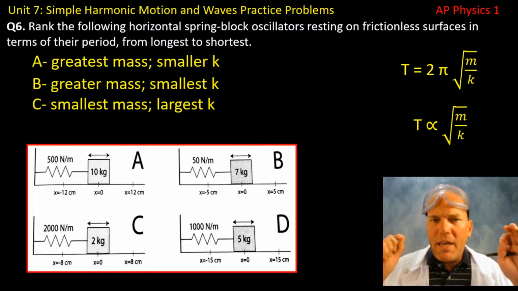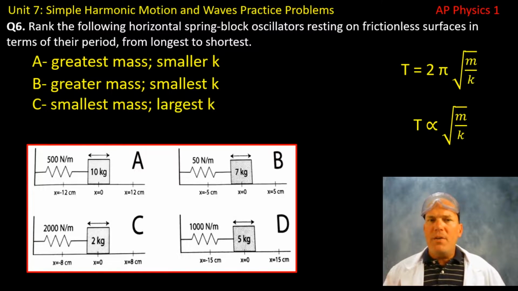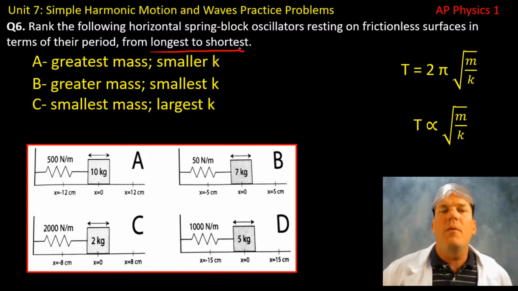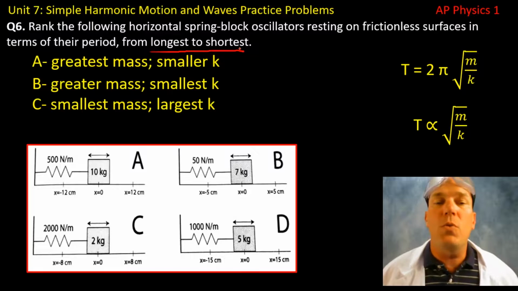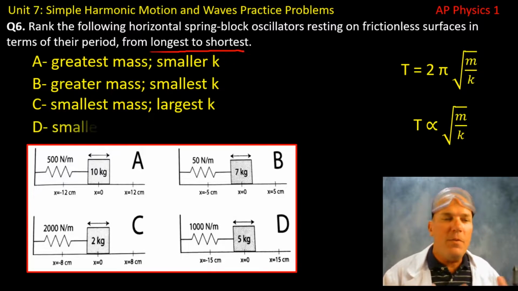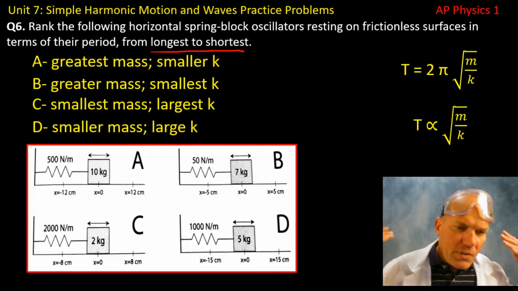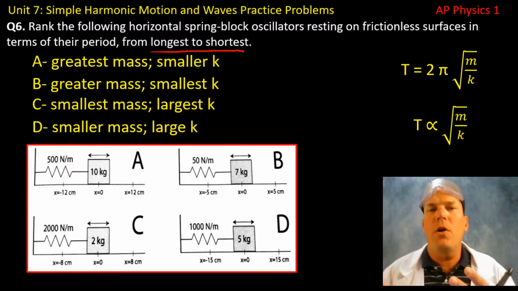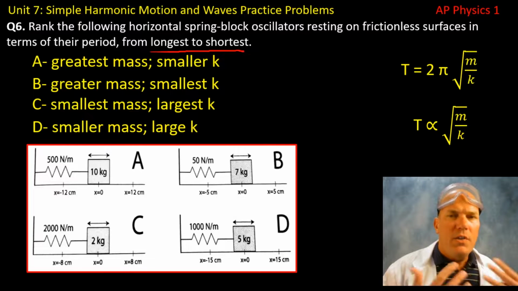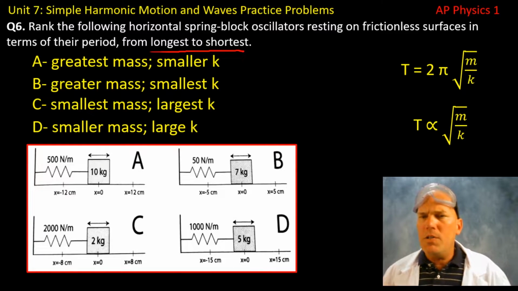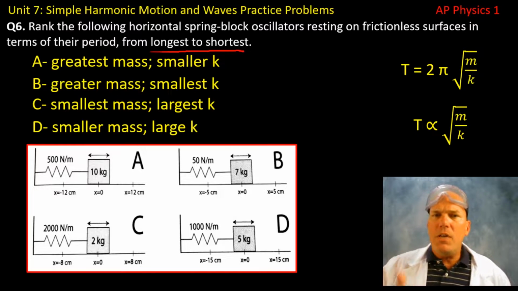Remember, the smaller the mass, the shorter the period, and our ranking is going from the longest period to the shortest period. Lastly, for D, we have a smaller mass, but a large K. So small mass goes down, period goes down; large K goes up, period goes down.